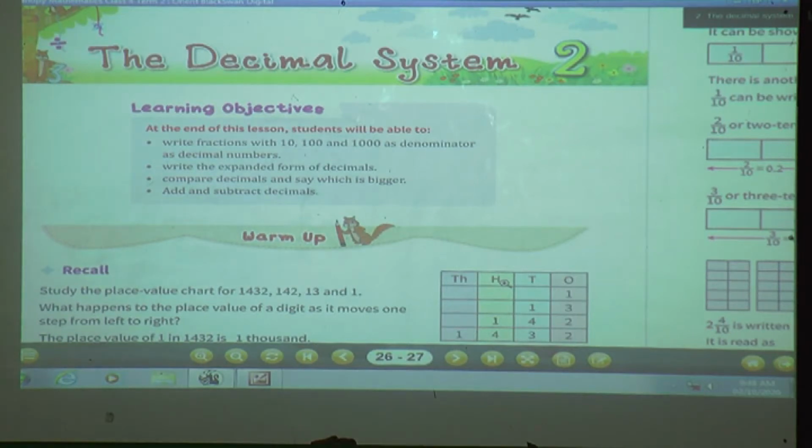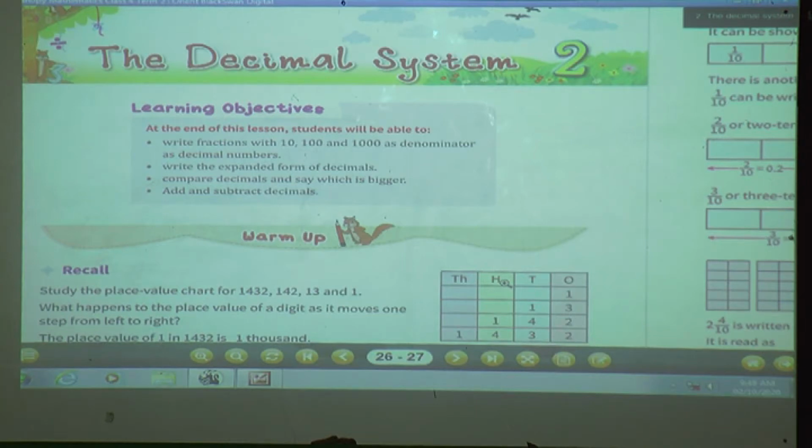What is a decimal? Definition, students. In mathematics, a decimal number can be defined as a number whose whole number part and fractional part are separated by the decimal point. The dot in a decimal number is called the decimal point.